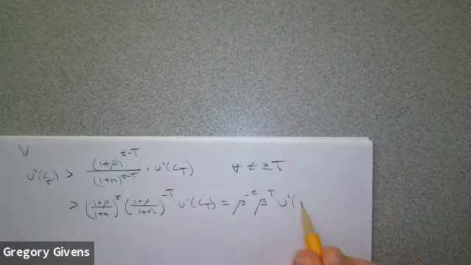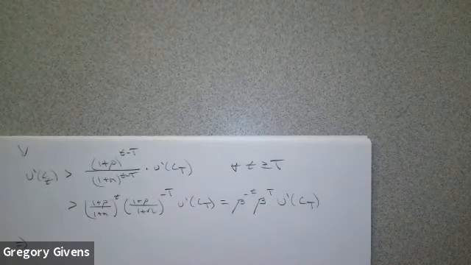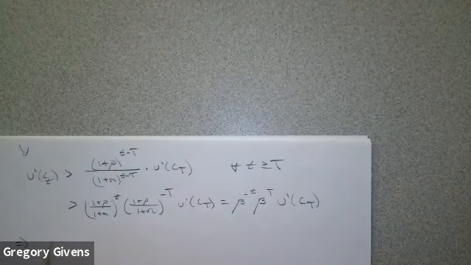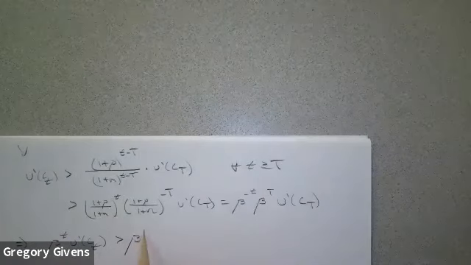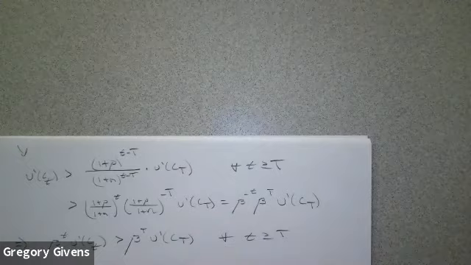Then if I multiply both sides of the inequality by beta to the t, you get beta to the t u prime of c_t has to be strictly larger than beta to the capital T u prime of c at capital T. Oh boy, now that's going to help us. That's for all t bigger than capital T.